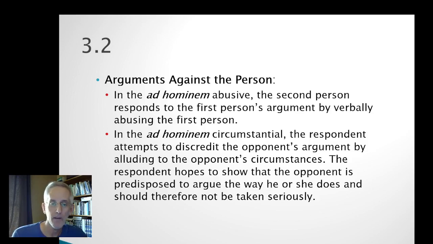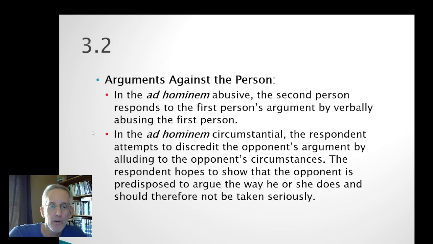We don't care what their background is. None of that stuff matters. All we care about in logic is the actual evidence that's being offered in favor of the conclusion. So in this case, Bill Clinton is attacked personally, but his argument isn't actually evaluated at all.